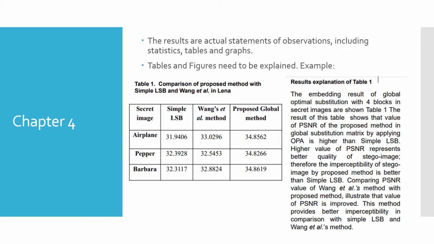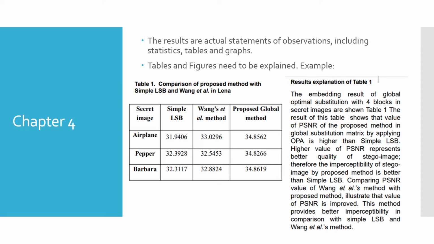The first thing you need to explain is the observation. It can be observed that the proposed method, the method that this author has been doing, is higher than simple LSB. And then after that, what does it show? Higher value of PSNR represents better quality of stego image and so on.